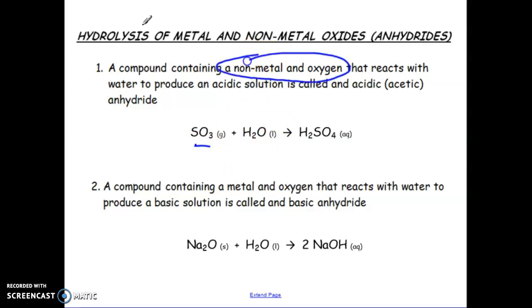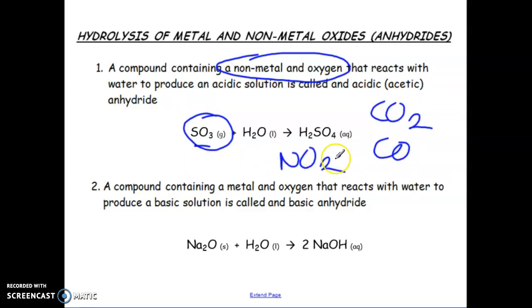You can have a non-metal oxygen compound, for example sulfur trioxide, nitrogen dioxide, carbon dioxide, carbon monoxide, anything with a non-metal with oxygen. As long as it's a non-metal with oxygen, and of course a neutral compound, it will create an acidic solution.